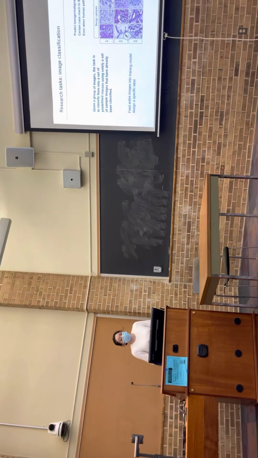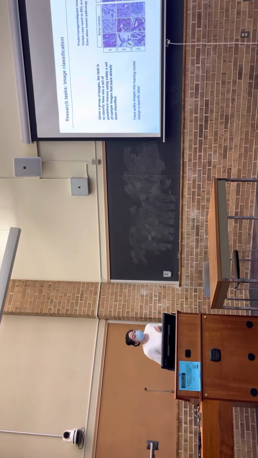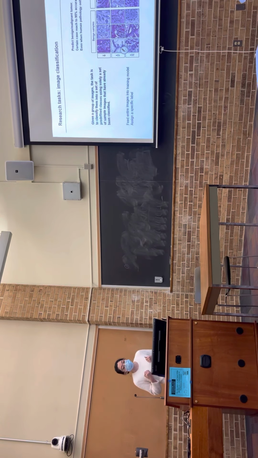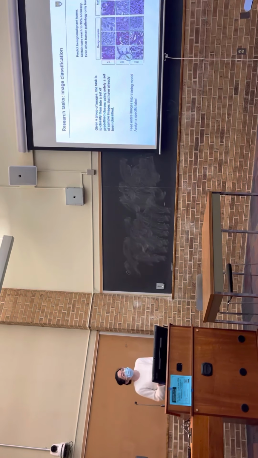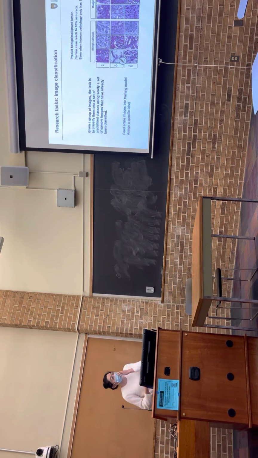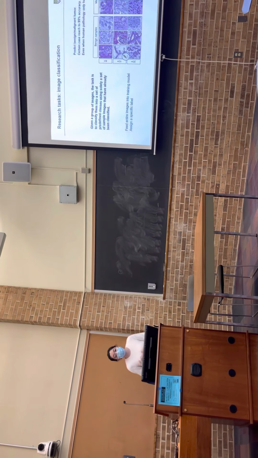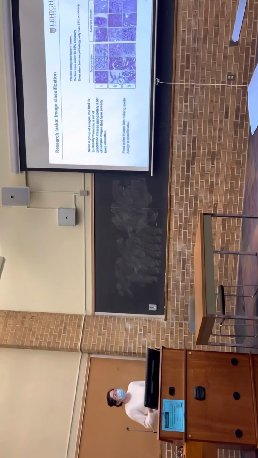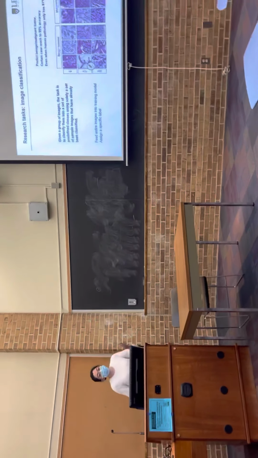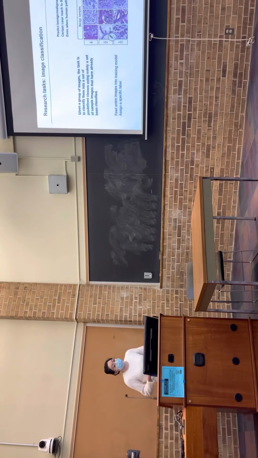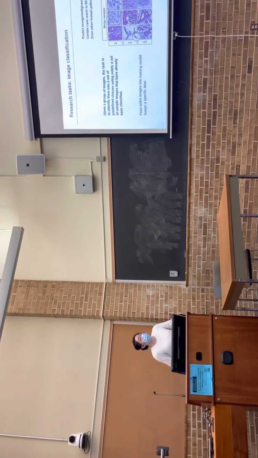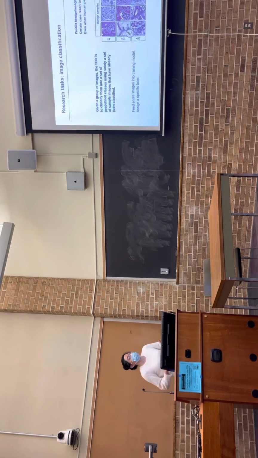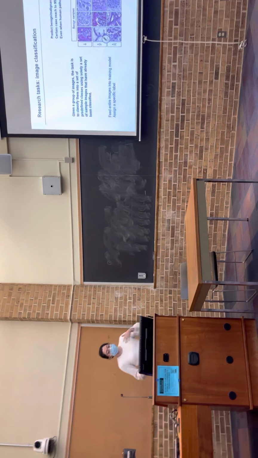So here is the first case, image classification. I use a pathology case. Here is a human cell sample, where in the real world the pathologist will say whether the cell is benign or malignant, to decide whether this patient has cancer.